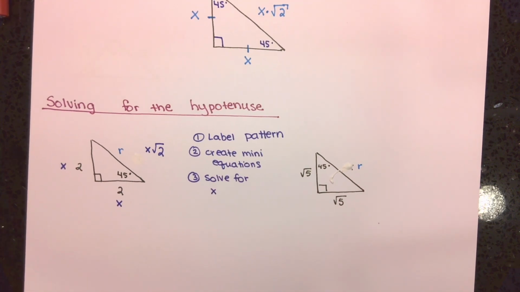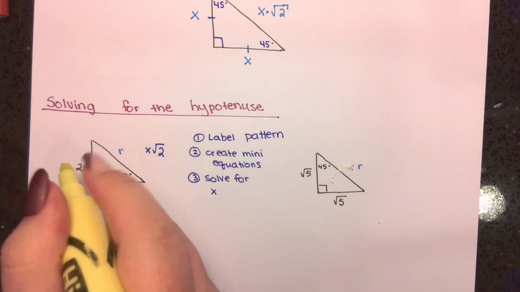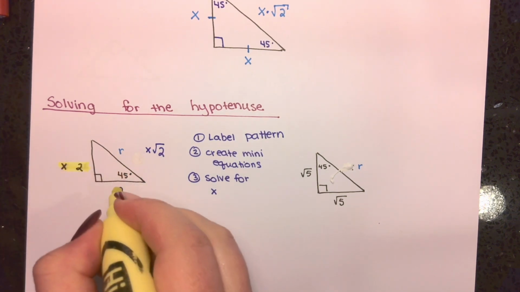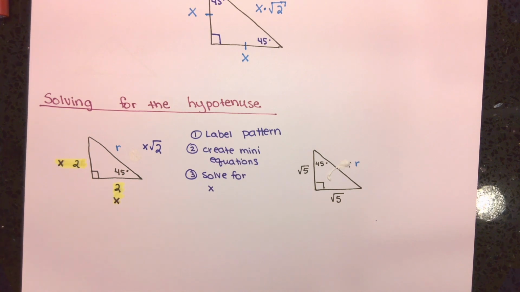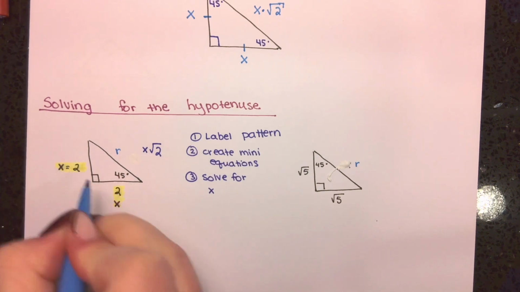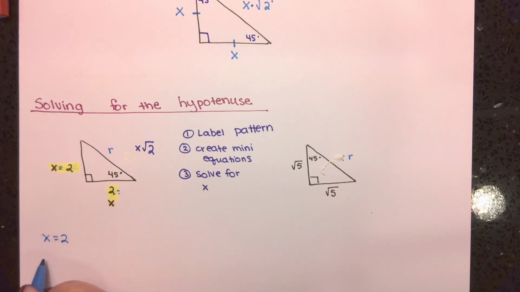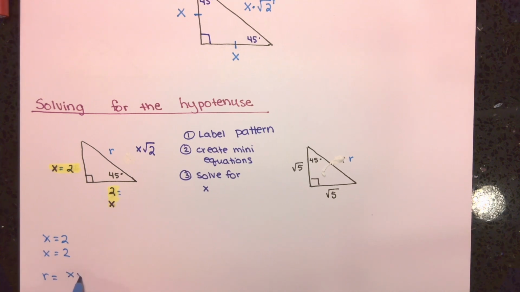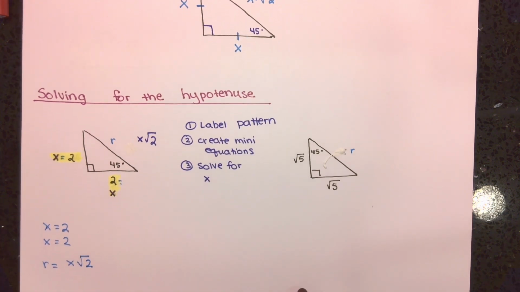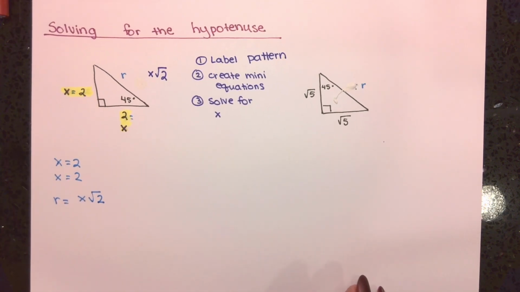So what do I mean by mini equation? Here is a mini equation. I'm going to throw in a little equals. So that means our mini equation is x equals 2. R is equal to x root 2. Okay, we have our mini equations.